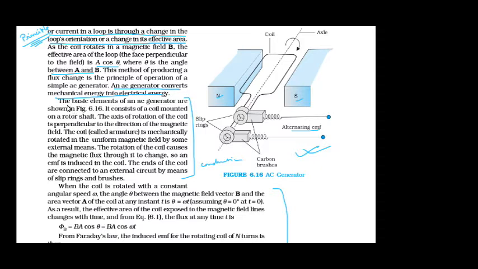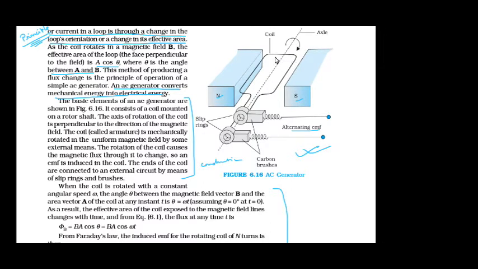The basic elements of an AC generator are shown in figure 6.16. So you will have to draw the figure. It consists of a coil mounted on a rotor shaft. The axis of rotation of the coil is perpendicular to the direction of the magnetic field. The coil is called the armature.